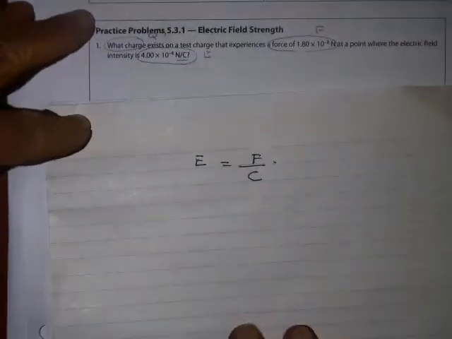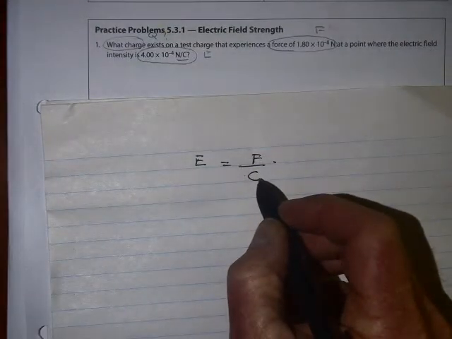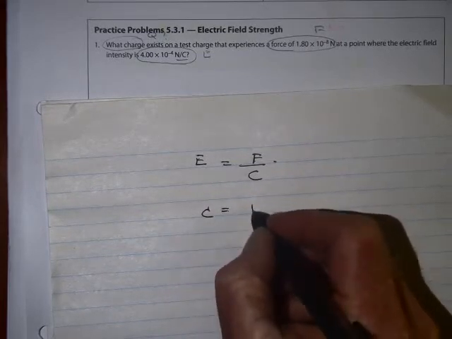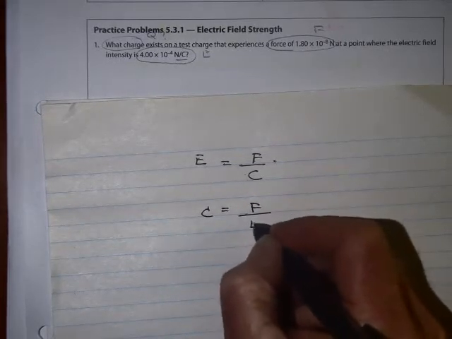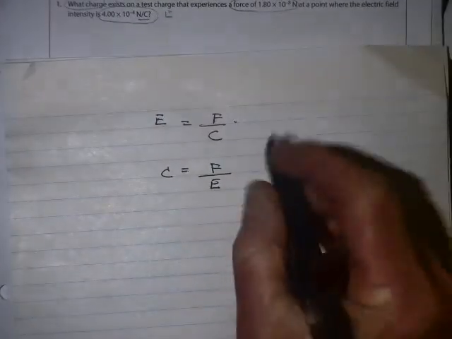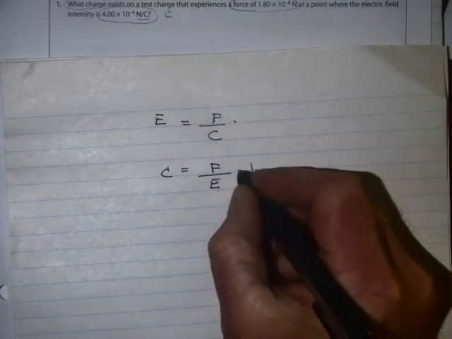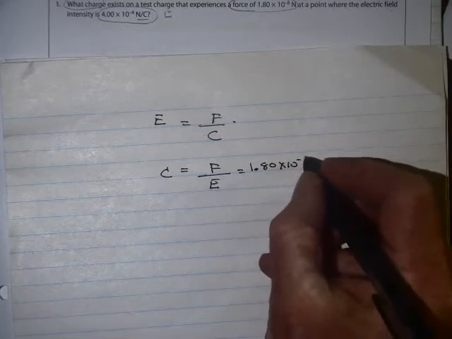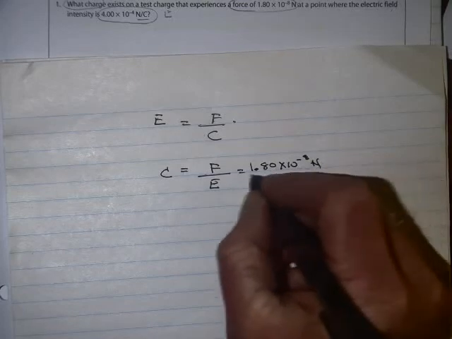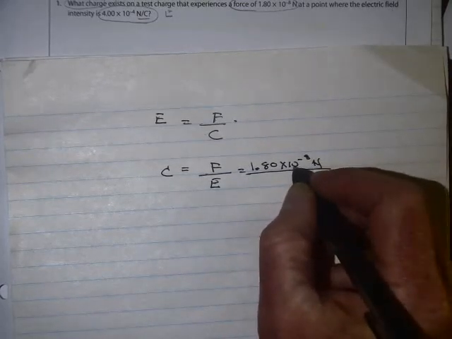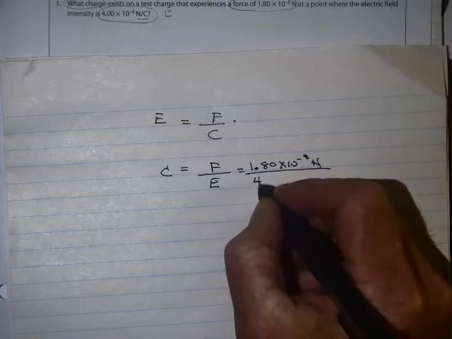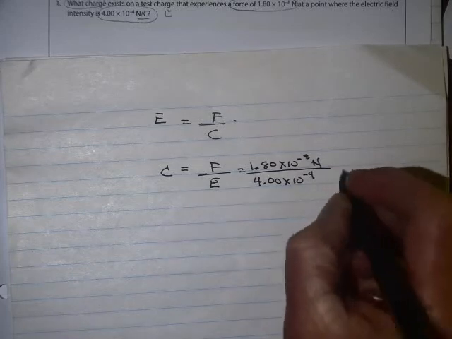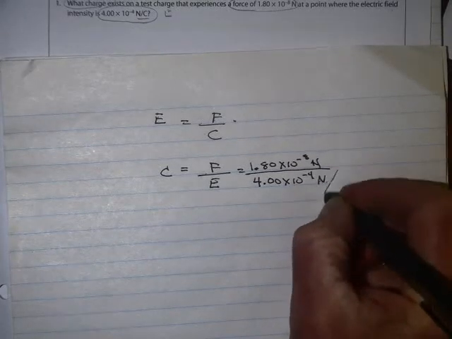So in this case, they're looking for the charge, and to solve for charge, it's going to be equal to the force divided by the field strength. The force is equal to 1.80 times 10 to the negative 8 newtons divided by the electrical field strength of 4.00 times 10 to the minus 4 newtons per coulomb.